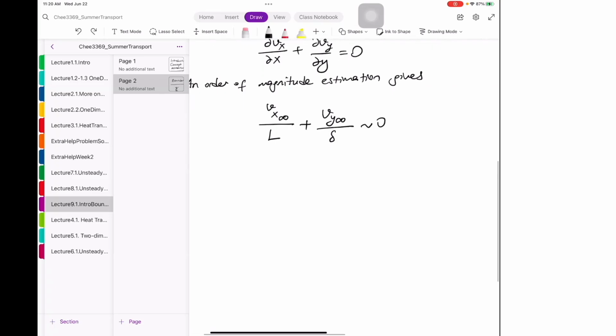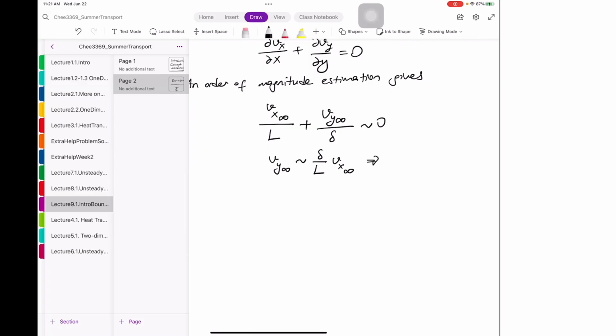And what it means is basically Vy infinity is in the order of delta over L Vx infinity. So for delta much smaller than L, Vy infinity is much smaller than Vx infinity. Okay.